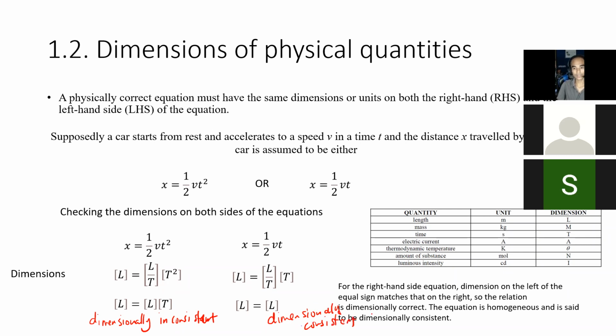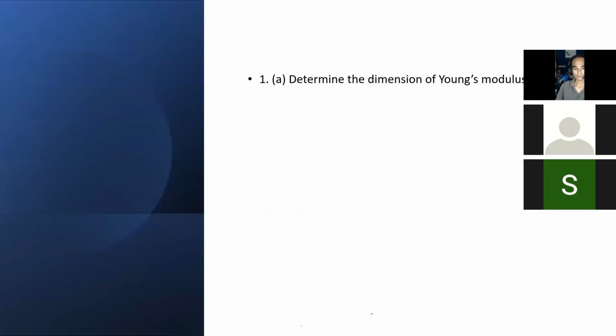This is how you answer this question. You cannot end with an equation, but you have to write down either it is dimensionally inconsistent or dimensionally consistent. Are we clear? So this is how you answer a dimension question.